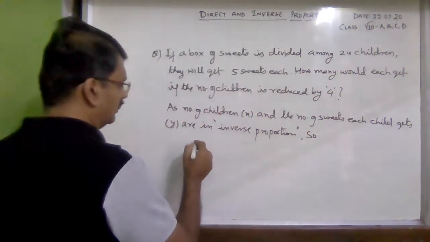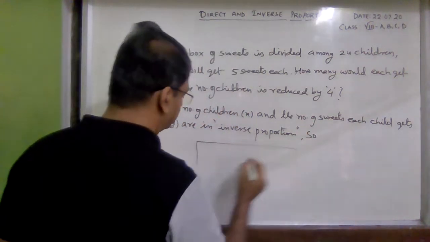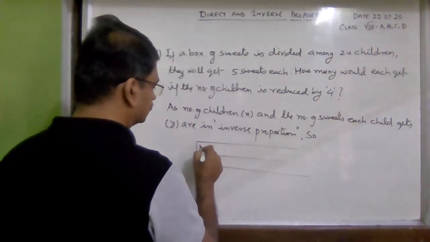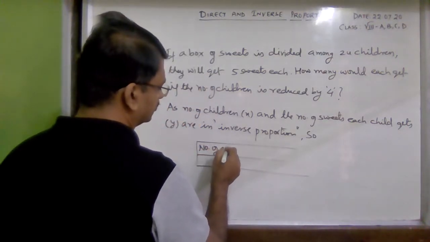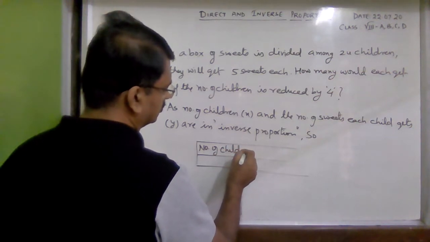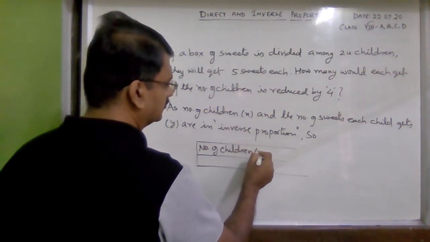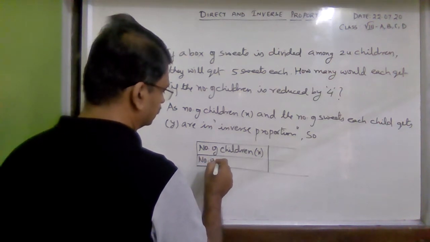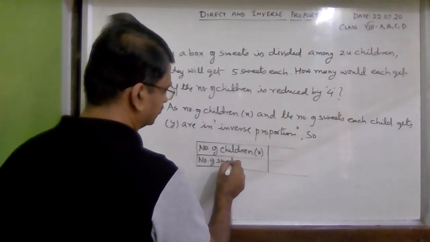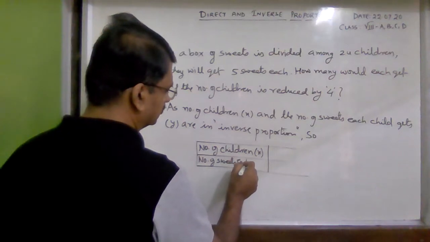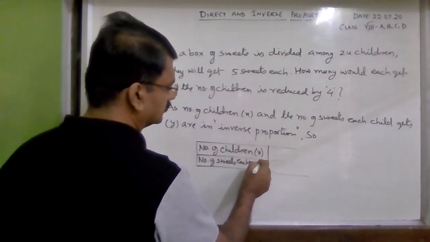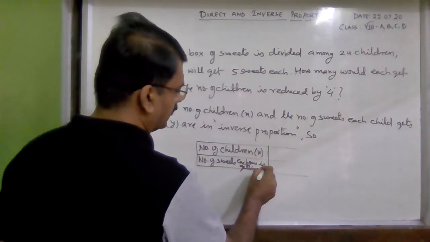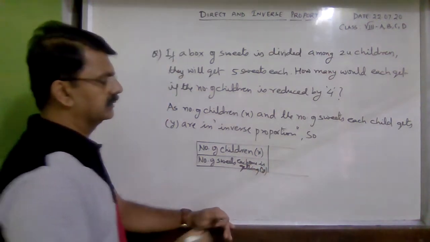So we'll make the table. Number of children, number of sweets each one is getting.